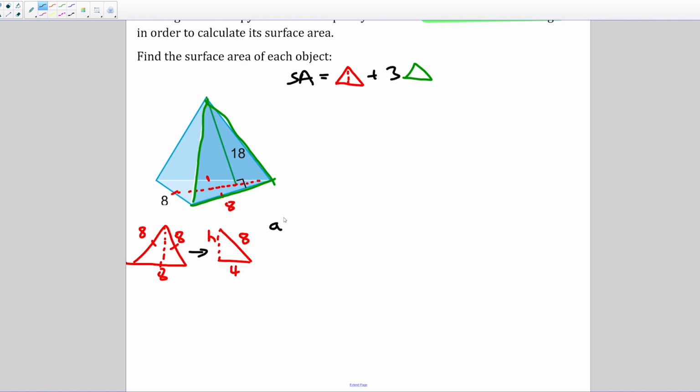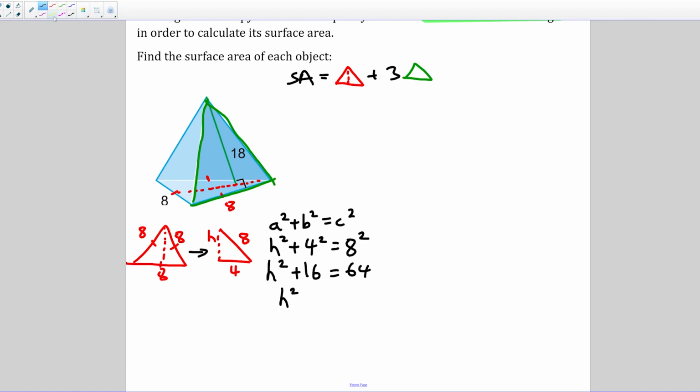So from here, we're going to use the Pythagorean theorem. a squared plus b squared is equal to c squared. In this case, we have h being my a, plus 4 squared, and that's equal to my hypotenuse squared, which is 8 squared. So I've got h squared plus 16 is equal to 64.